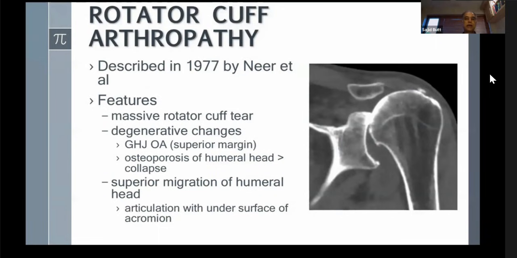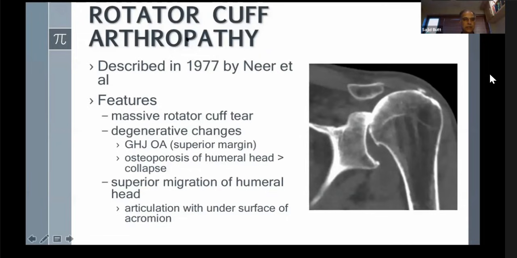Once those patients have got a rotator cuff tear and the problem has been present for some time, then you can begin to see arthropathy of the glenohumeral joint. The humeral head tends to slip more cranially. Space between the acromion and the humerus is gone, and the glenohumeral joint space gets irregularly narrowed.